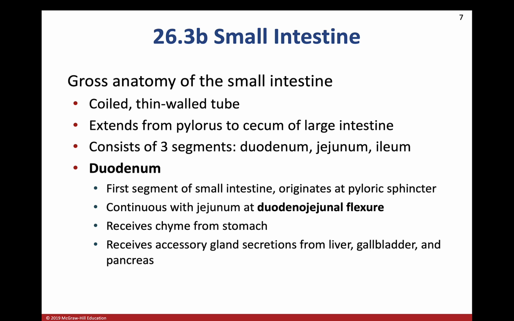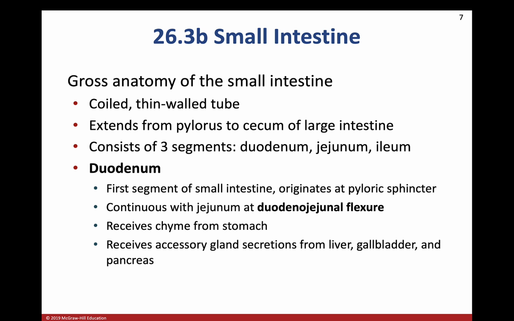If we look at the gross anatomy of the small intestine, it is a coiled, thin-walled tube. It extends from the pylorus to the cecum of the large intestine, and there are three segments: the duodenum, jejunum, and ileum, and that is the order in which they are. The duodenum is the first segment of the small intestine.